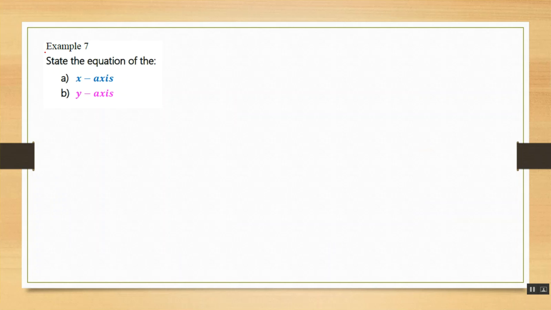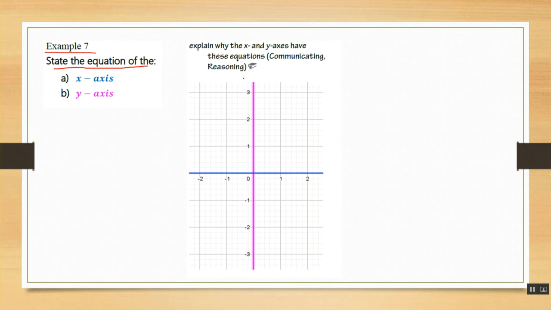For example 7, we need to state the equation of the x-axis and the y-axis. So the x-axis is this blue line. So you'll notice with this line that the y values are always 0. So for the blue one, y always equals 0.